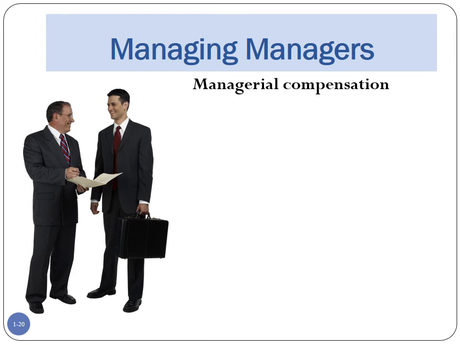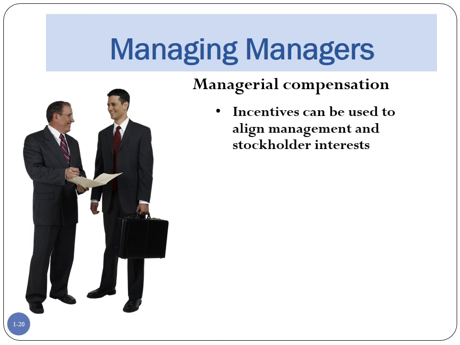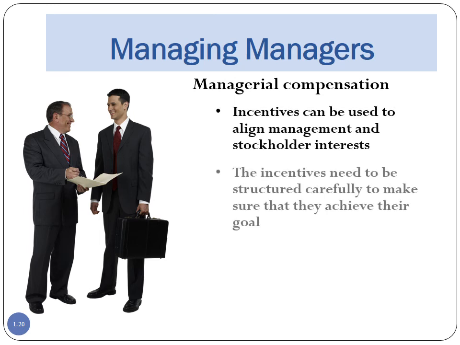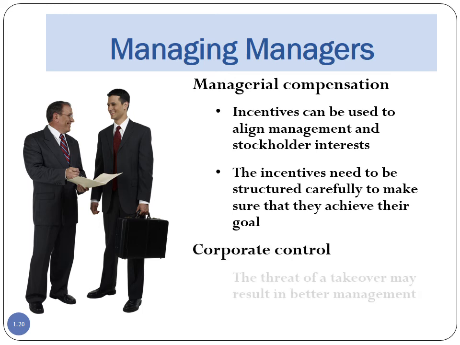When we look at managerial compensation, this is an area in which we can make a difference in reducing the agency problem. We can have incentives that can be used to align management and stockholder interests, but we really need to make sure that they're structured carefully to achieve their goal. If we're not careful, we can actually make the agency problem worse.